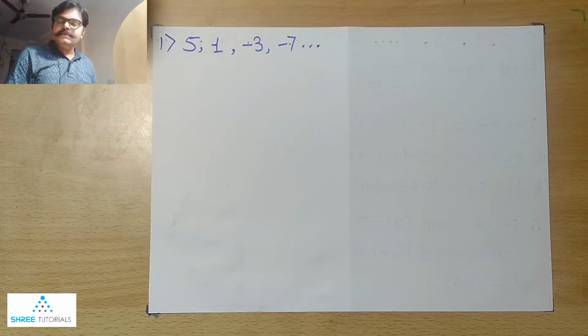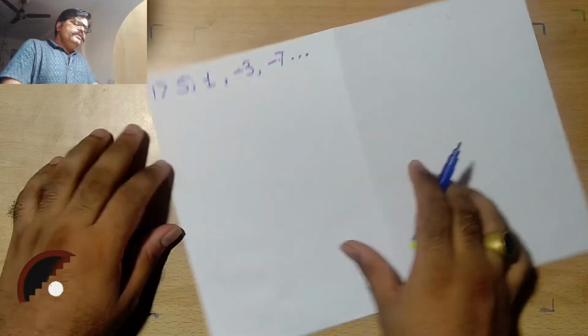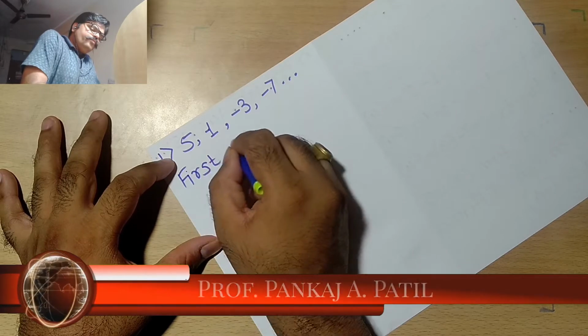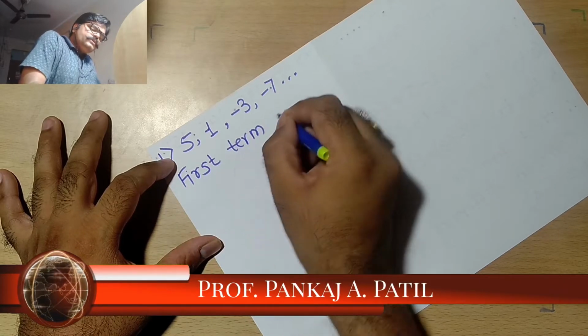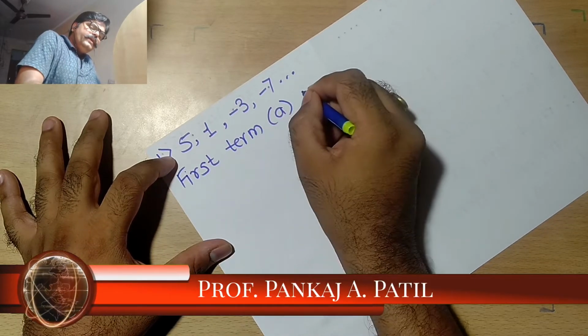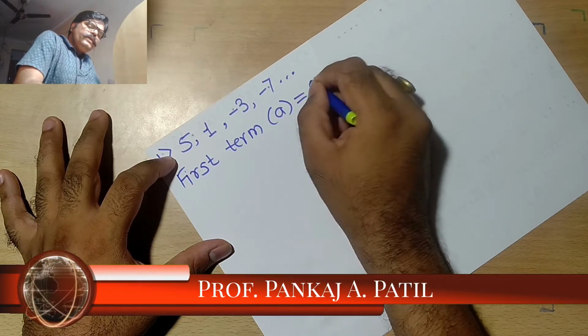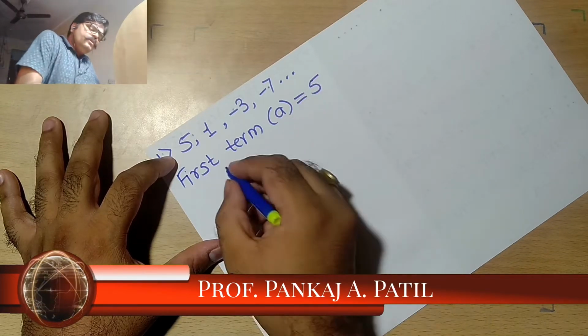Okay, so in this sum, they have asked us to find out the first term and common difference. So we are going to go ahead with that. Therefore, the first term is also denoted by A and T1 both. So the first term is 5.